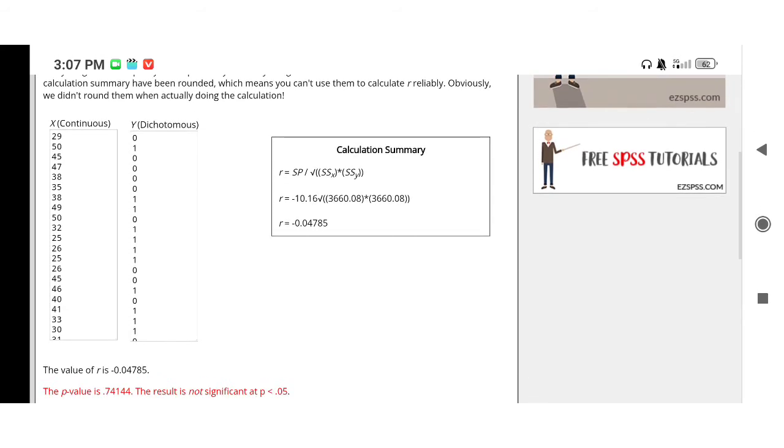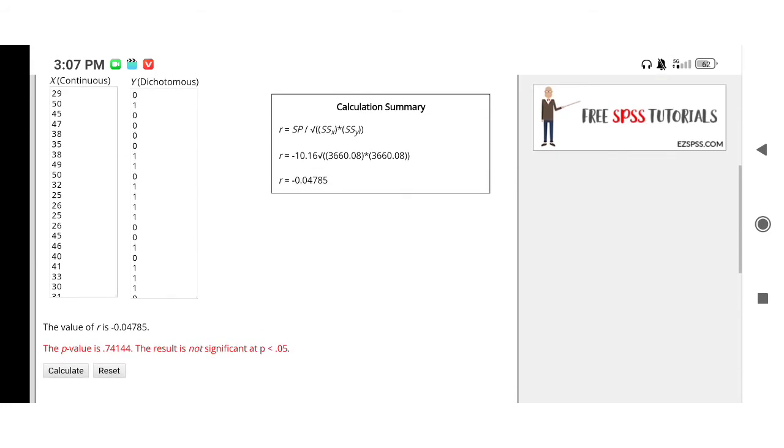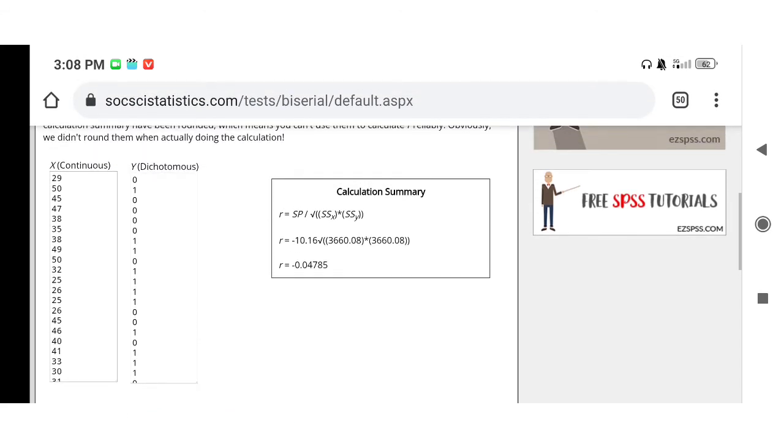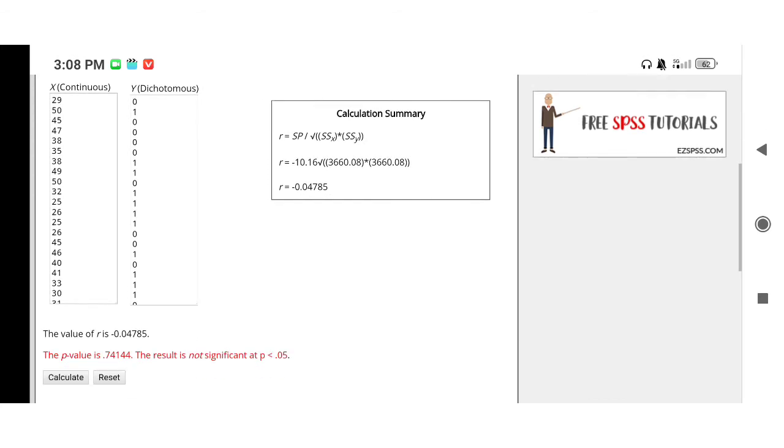We have r equal to negative 0.04785. Meaning to say, since it is less than positive or negative 0.25, there is an extremely weak correlation between the x and y variable, between the gender and the test scores.